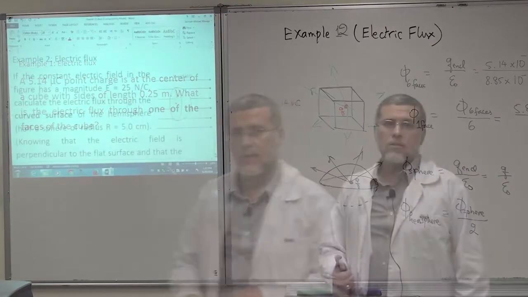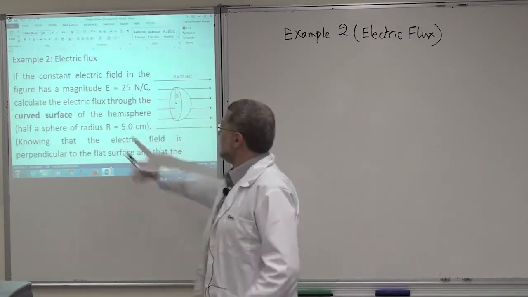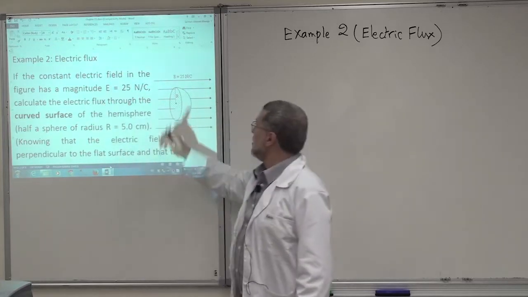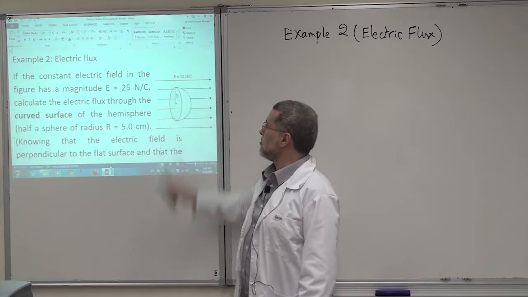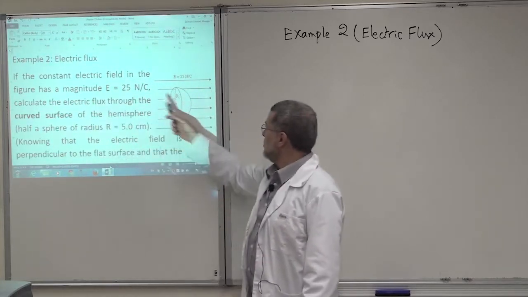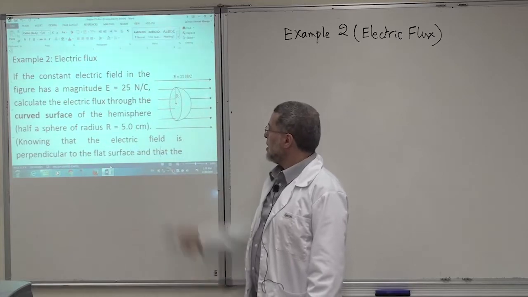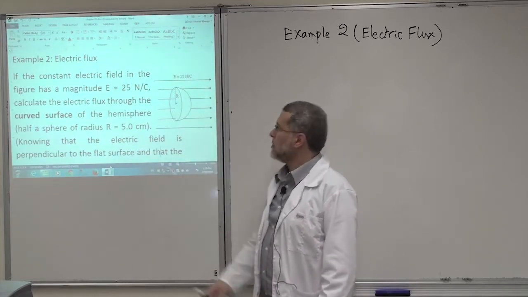So this is another example about the electric flux. It says the constant electric field, you see here it's constant, 25 Newton per Coulomb. This is the magnitude of the electric field, and the direction is indicated here by the arrows, to the right.